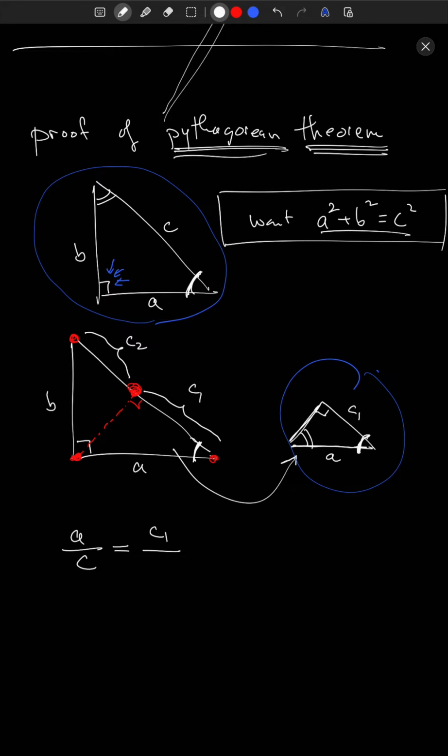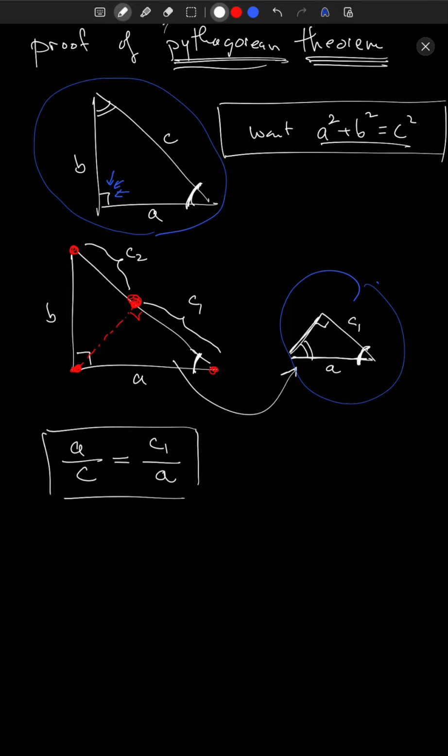Now, how do I identify that? C1 is the one that's opposite the angle with the double lines. Over here on the big triangle, A is the length that's opposite the double lines. So C1 should be compared with A. So we have this proportionality equation that relates the sides of the small triangle and the big triangle.